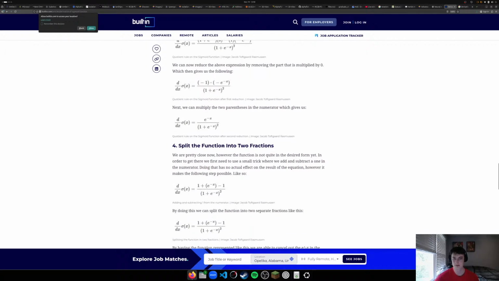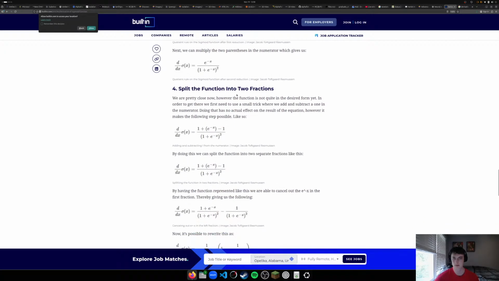Okay, get all this. Split the function into 2 fractions. I mean, this is just algebra at this point, right?